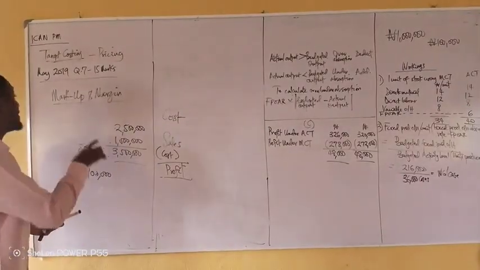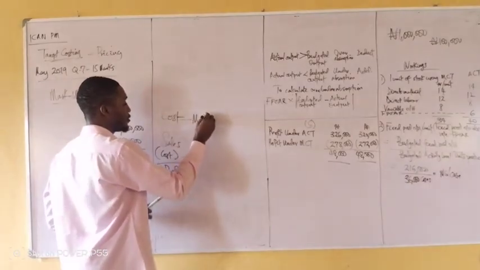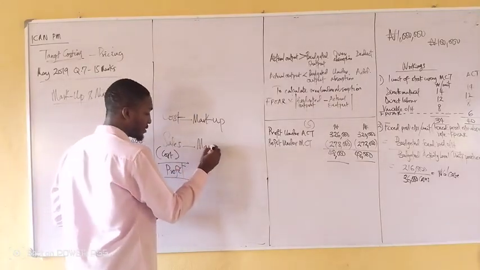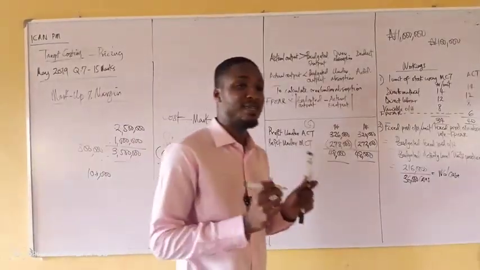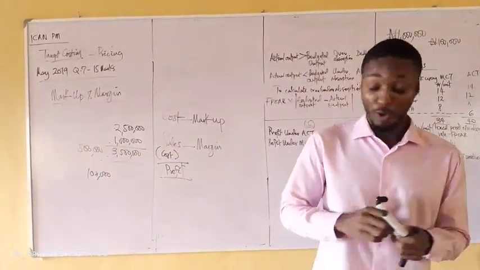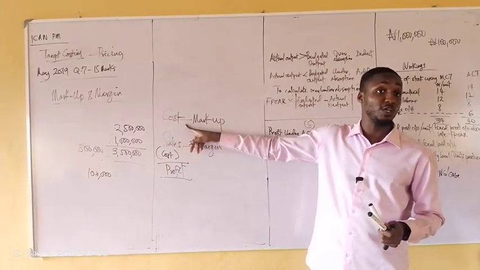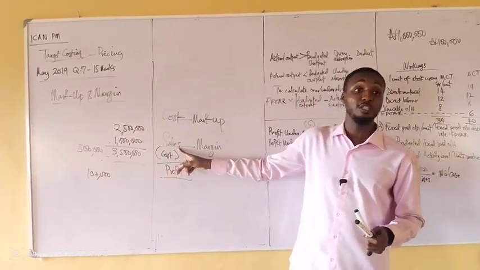Now, markup goes with cost. Margin goes with what? Sales. It is simply expressing profit as a percentage. If you're expressing it as a percentage of cost, it is what? Markup. If you're expressing it as a percentage of sales, it is what?